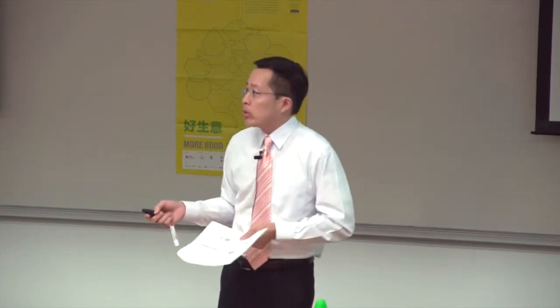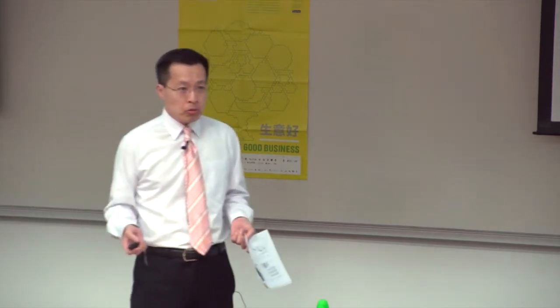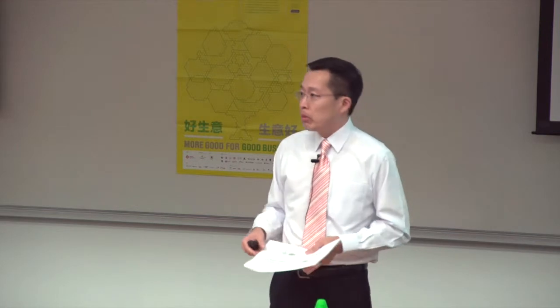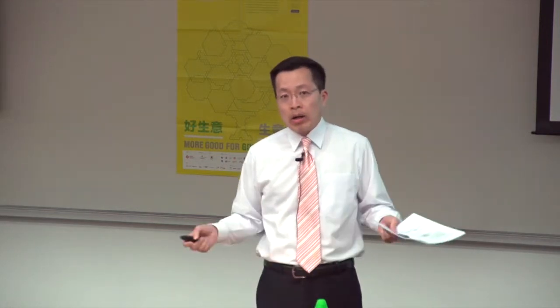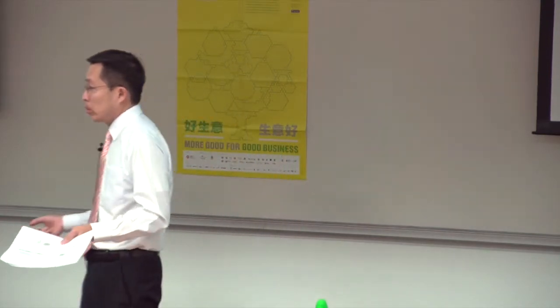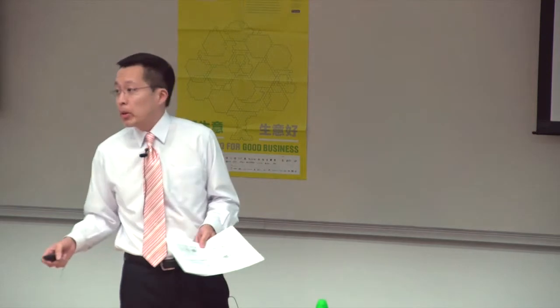Okay, I'll tell you what is traditional social enterprise. In Hong Kong, we have a lot of NGOs. Okay, their business model most likely is opening a restaurant, a cafe, and then engage underprivileged people, engage their service recipients.